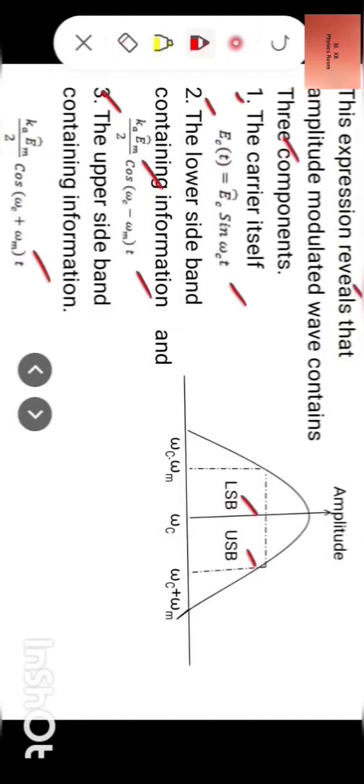Now this is the curve showing relationship between amplitude and frequency of the modulated wave. Here this is omega_c minus omega_m. This is central frequency omega_c, that is carrier wave. Omega_c minus omega_m is the lower sideband and omega_c plus omega_m is the upper sideband.